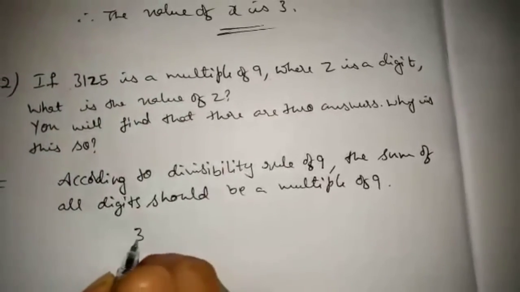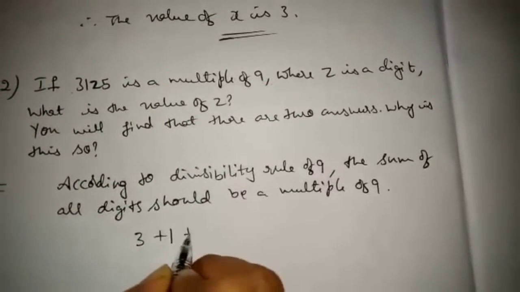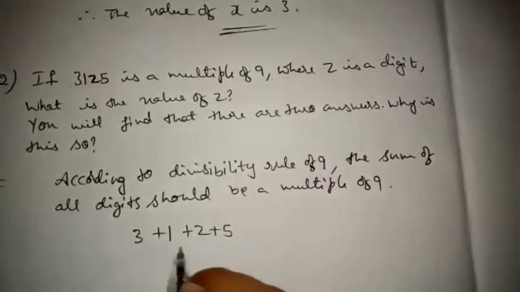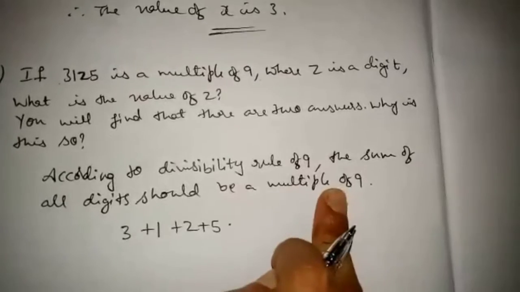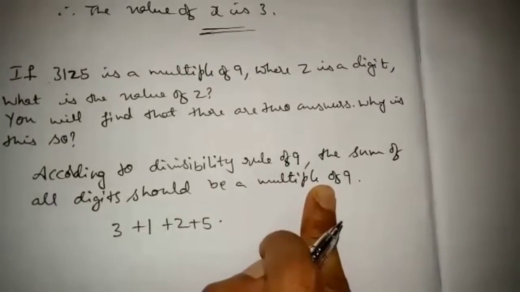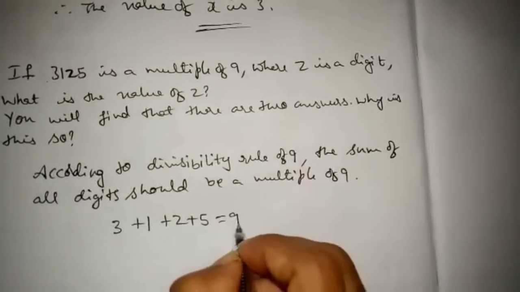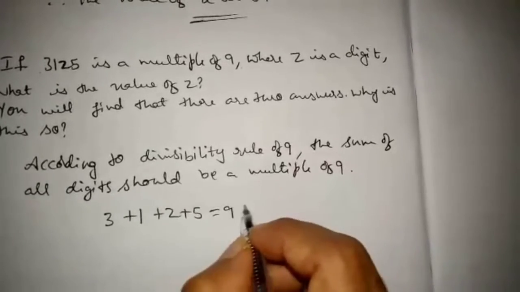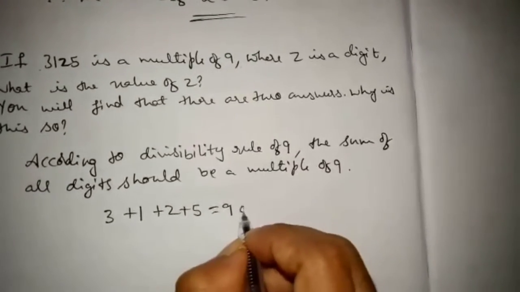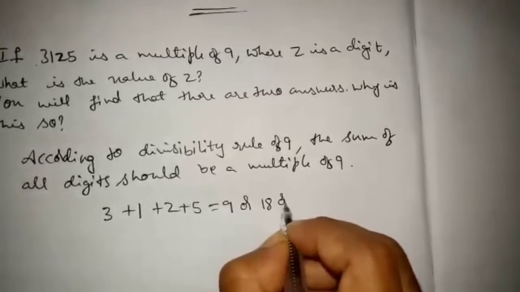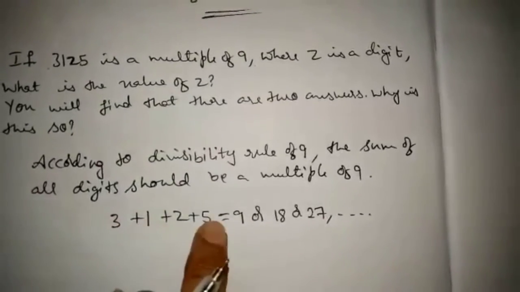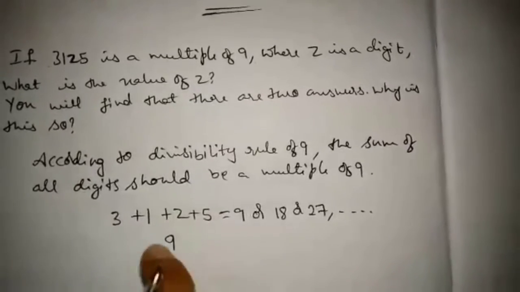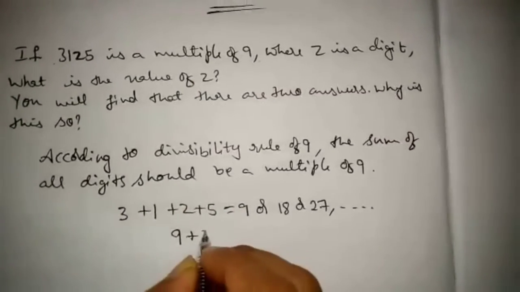You want the sum, right? 3 plus 1 plus z plus 5 should be a multiple of 9 or divisible by 9. So multiples of 9 are what? 9 or 18 or 27, right? Like that. So 3 plus 1 is 4, 4 plus 5 is 9. So here itself you will get 9 plus z.